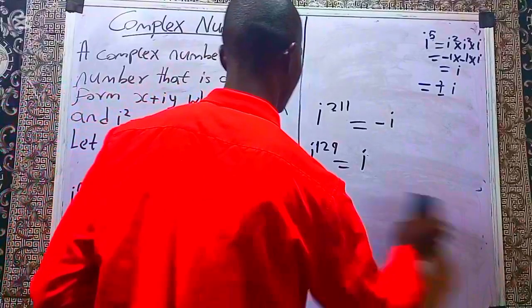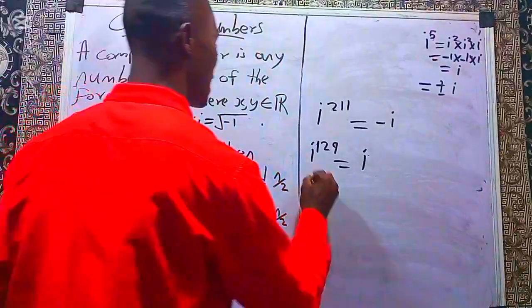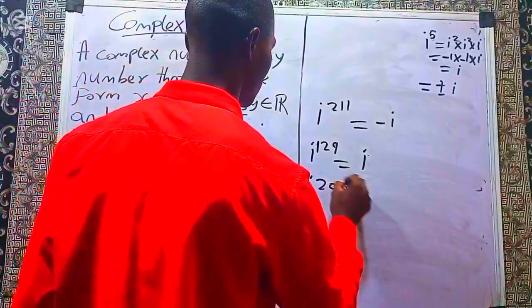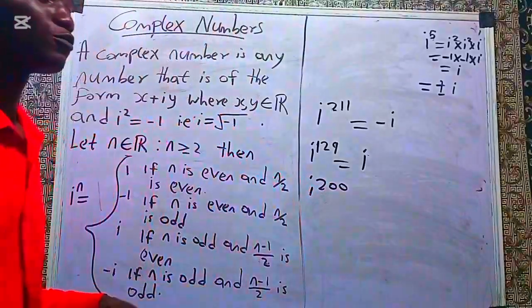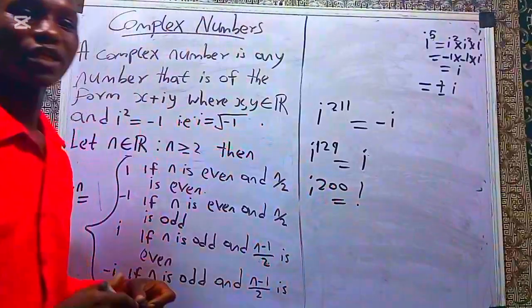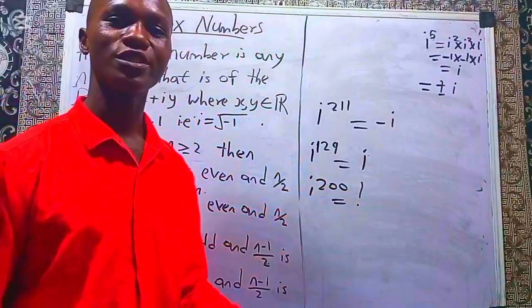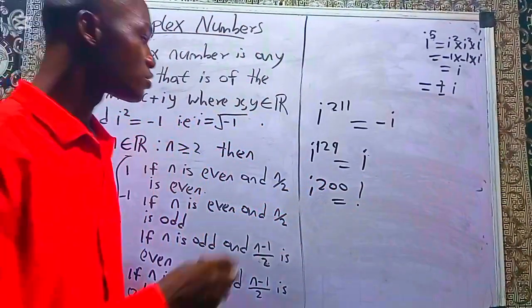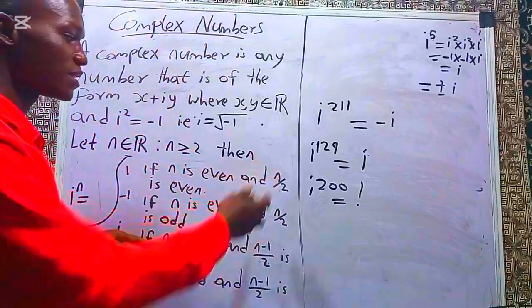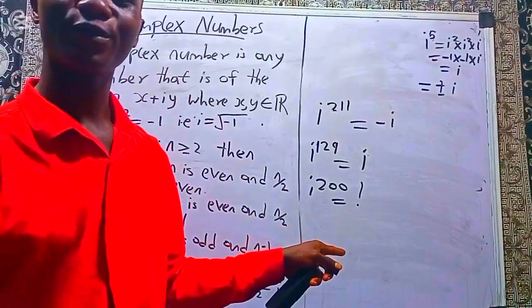So what if you are told to get i raised to the power 200? What will be the equivalent of it? Clearly 200 is an even number. Any number that ends with 0 is an even number. So it will fall under the first one, right? Since it's an even number, it is divisible by 2.